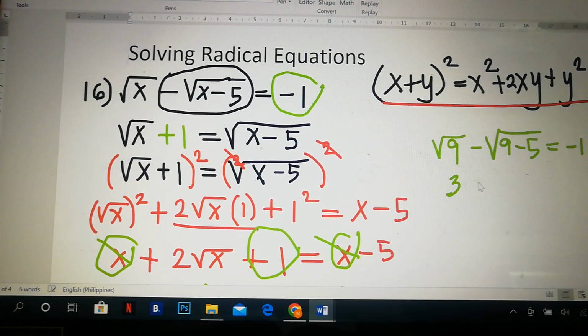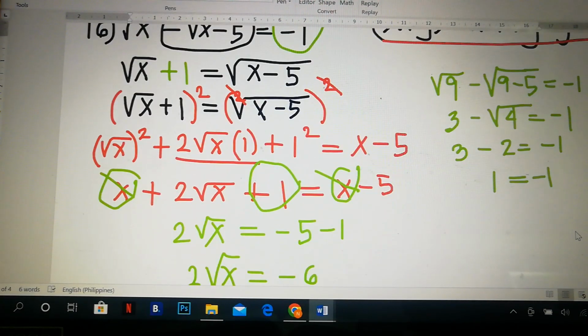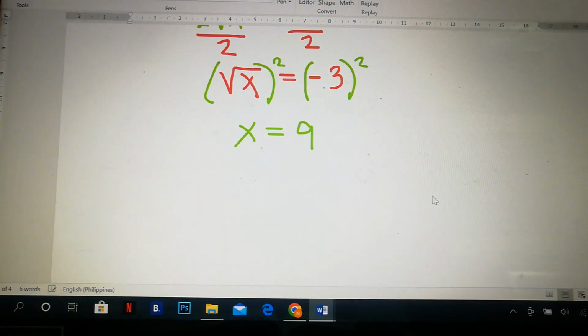So 3 minus square root of 4 is equal to negative 1. 3 minus 2 is equal to negative 1. 1 is equal to negative 1. So this is a false statement. So since it is a false statement, then x equal to 9 is not the solution, but we call it the extraneous root, extraneous solution.